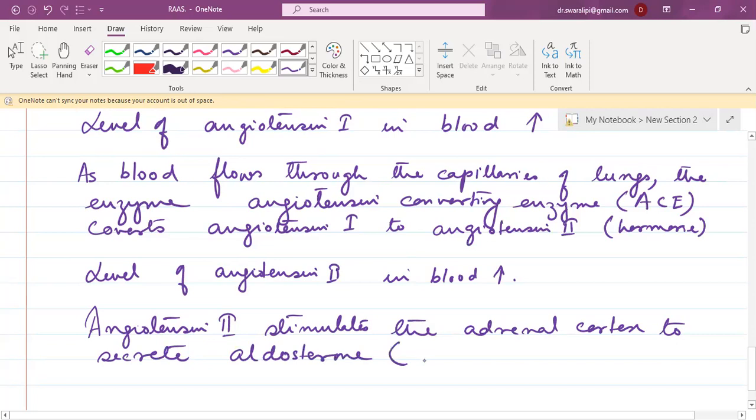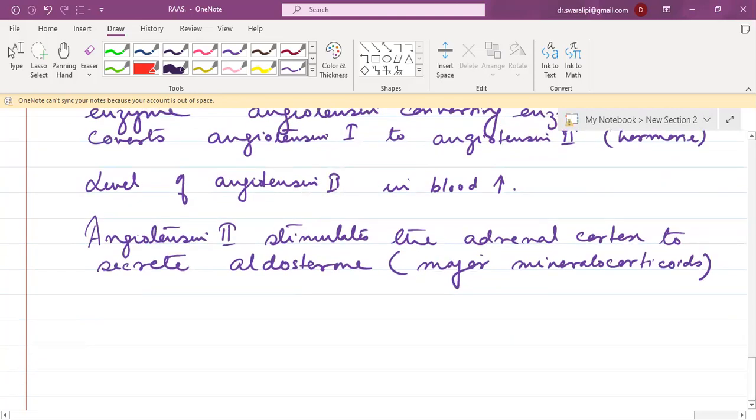What is aldosterone? It is the major mineralocorticoid.